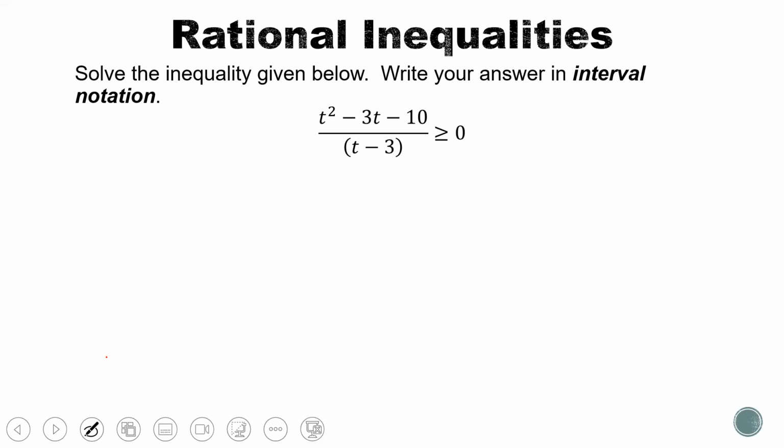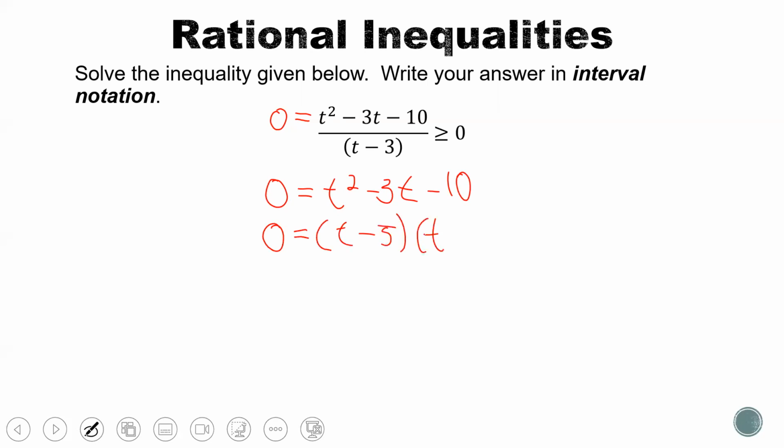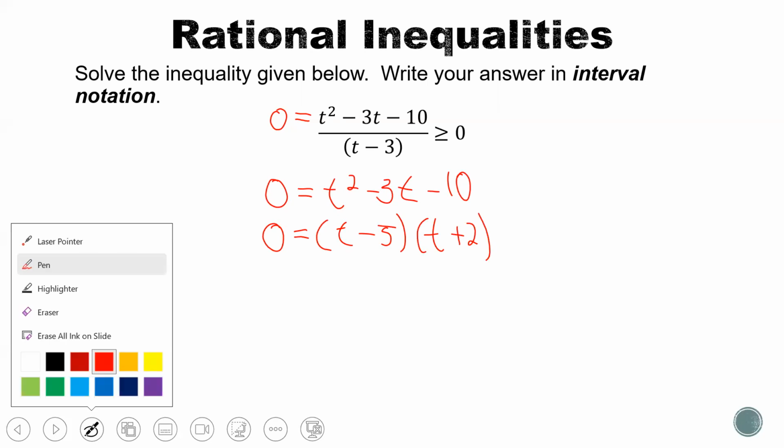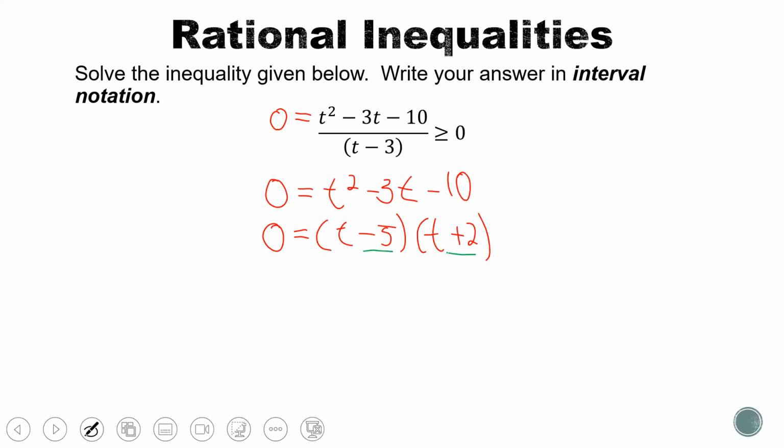And as we have discovered, the way to do that is to figure out what makes the numerator equal 0. In particular, to solve t squared minus 3t minus 10 equals 0. Now, from techniques we have learned earlier in the course, we know a few different ways to solve this. We could try the quadratic formula. In this case, this one factors very nicely to t minus 5 times t plus 2, since we hopefully note that -5 times +2 is -10, and -5 plus 2 is -3.